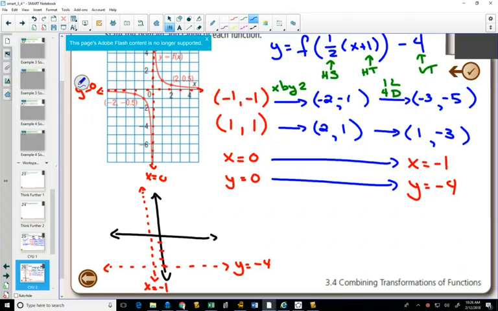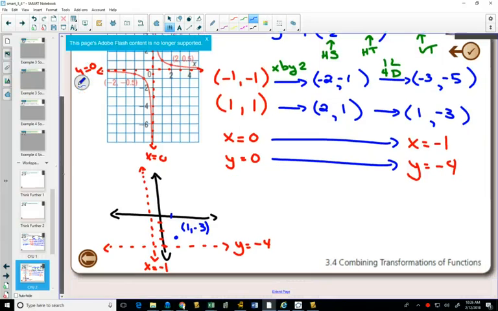We can plot our points. One point at 1, -3. The other point at -3, -5. And now that you have those points, you can draw your graph towards your asymptotes.